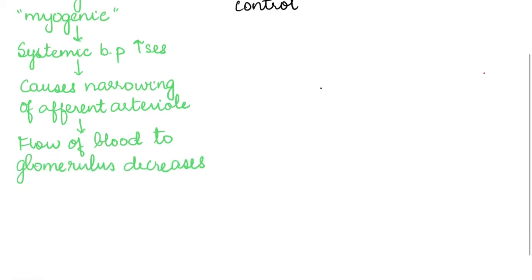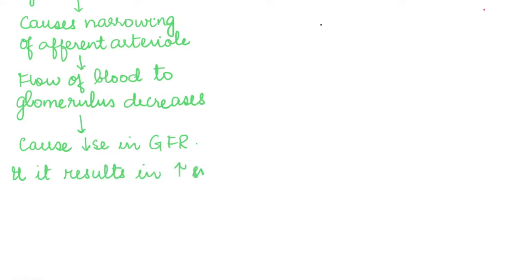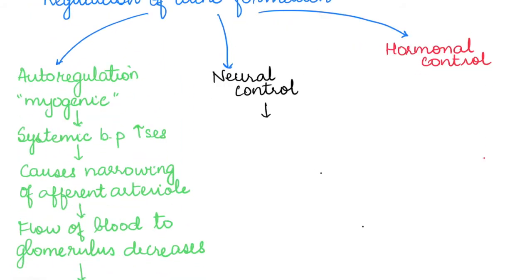When the flow of blood in the glomerulus decreases, that results in a decrease in the glomerular filtration rate. So this finally results in less amount of urine being released from the kidneys. Opposite to this, when there is a decrease in the blood pressure, then the glomerular filtration rate increases. So this was the autoregulation of urine formation.